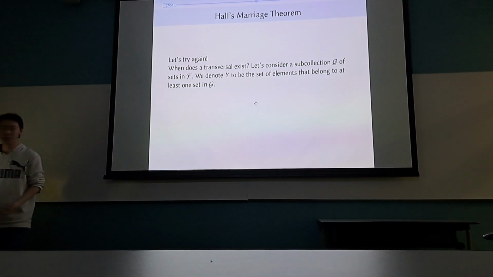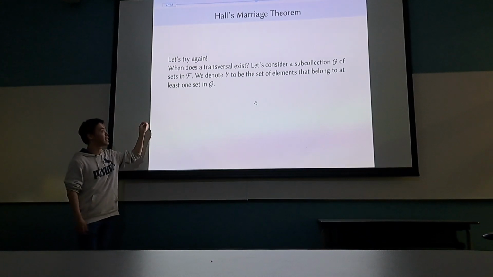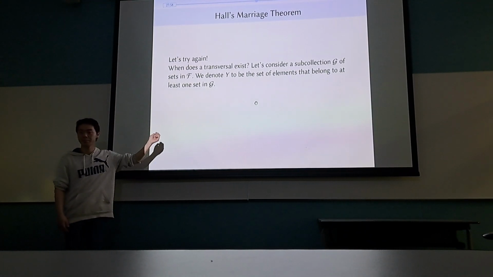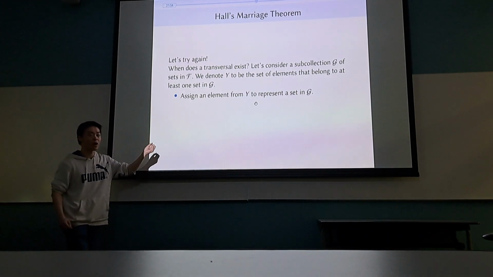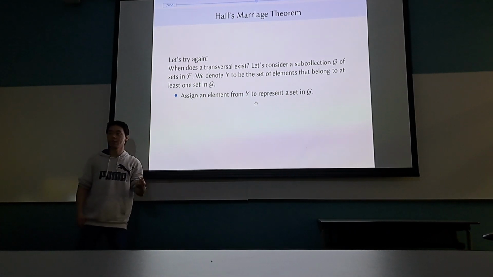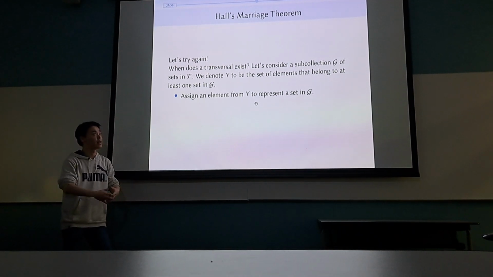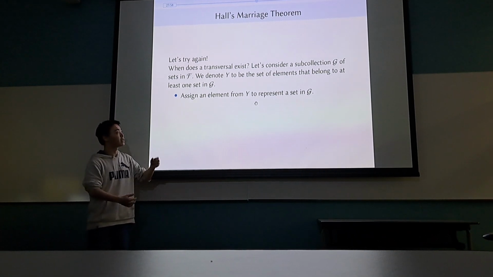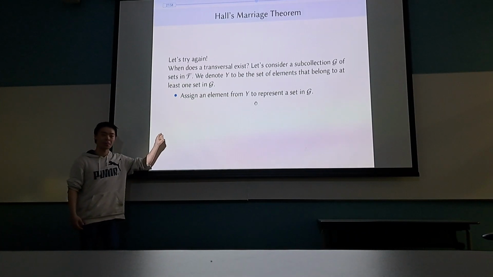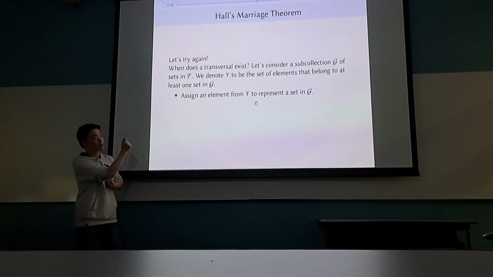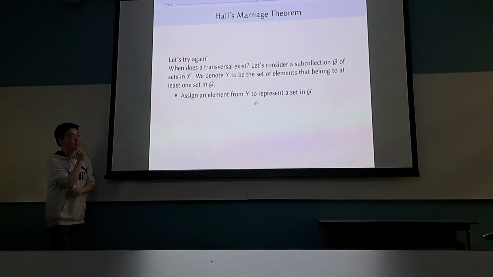I'm going to denote Y to be the set of elements that belong to at least one of my sets in my sub-collection G. Now I'm going to assign an element from Y to represent a set G. This is effectively the same as what we did before, but instead of looking at the union of all of my elements, I'm going to restrict it to only looking at elements that belong to at least one of my sets in G. So now I know for sure that whatever I pick in Y has to come from one of the sets. But there's still an issue here.